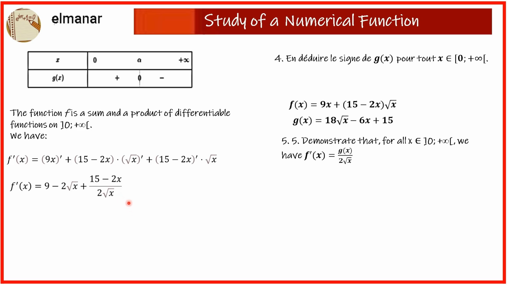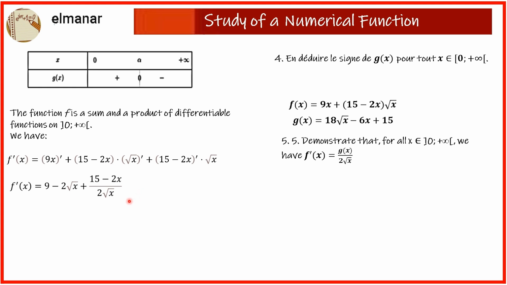The derivative of the function f of x becomes 9 minus 2 times the square root of x plus 15 minus 2 times x, all multiplied by 1 divided by 2 times the square root of x. Here, we apply both the derivative rule for square roots and the distributive property.